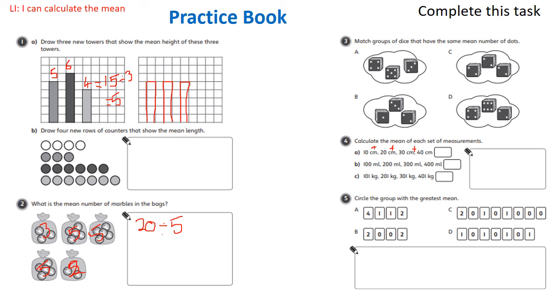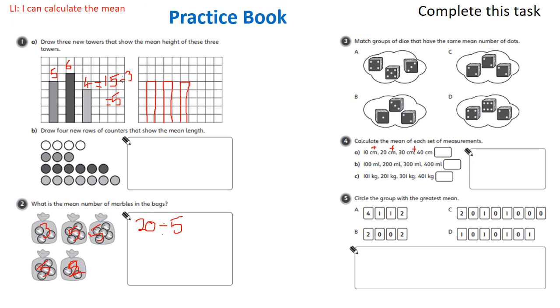That will become the dividend. How many numbers are there? The divisor is going to be 4 because there are 4 different numbers. So your dividend divided by your divisor will give you a mean. Same with the last 2 there.